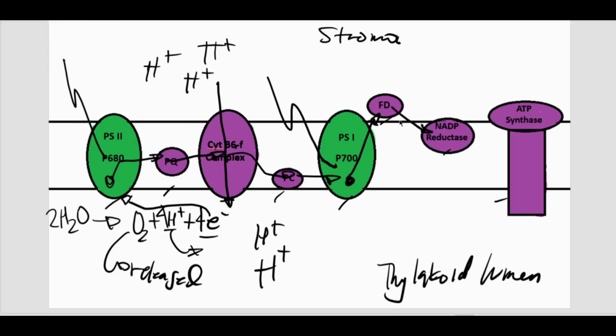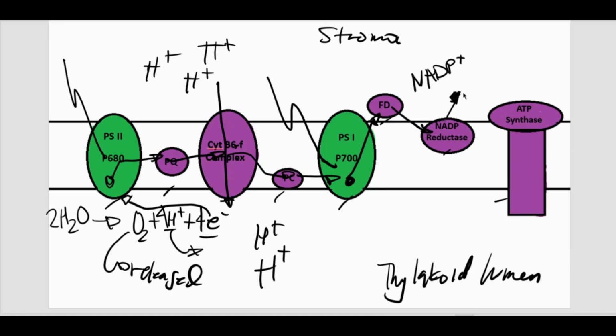NADP reductase is an enzyme that reduces NADP plus into NADPH. So the reduction happens when NADP reductase releases the electron. This enzyme will release the electron into the stroma.